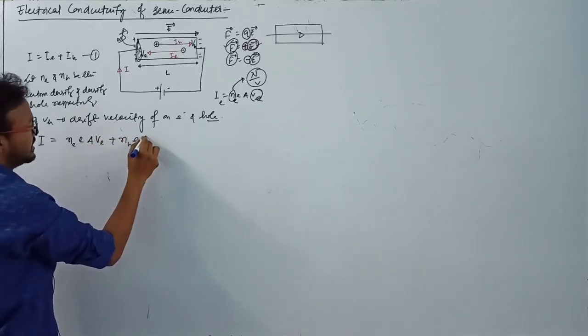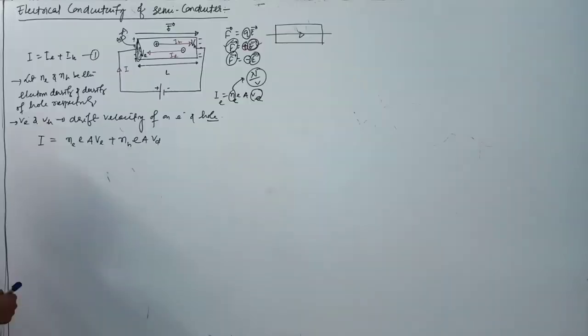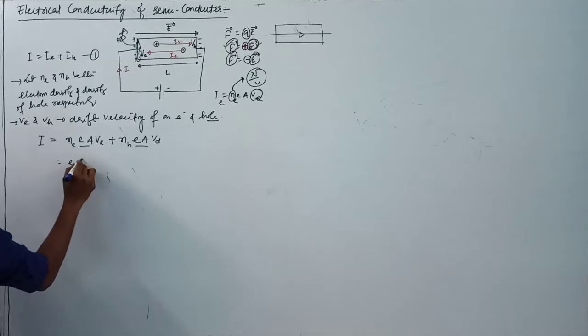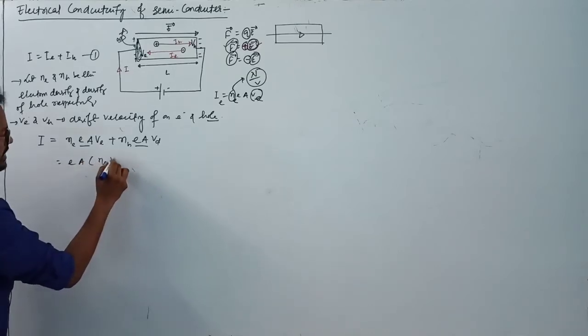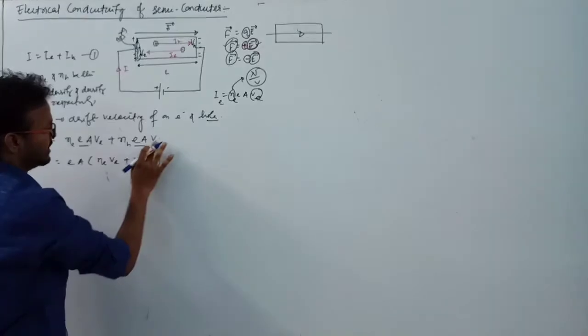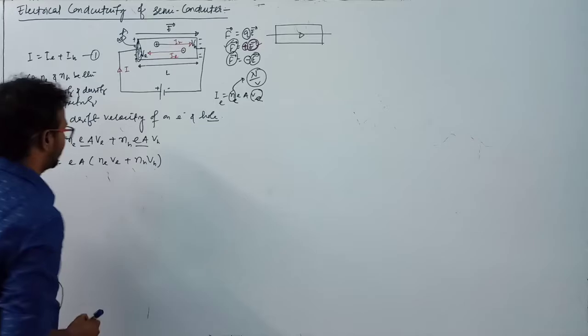Similarly, IH equals Nh e A Vh. Clear? If we take common, then eA will be common, so I equal to eA times (Ne Ve plus Nh Vh), where Vh is the drift velocity of hole.